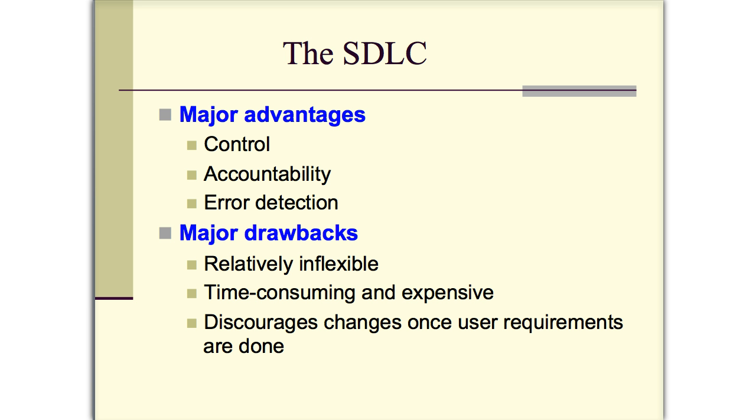And again, like I said before, with the SDLC as a methodology itself, some of the major advantages: there's a lot of control. The organization has a lot of control over the project.